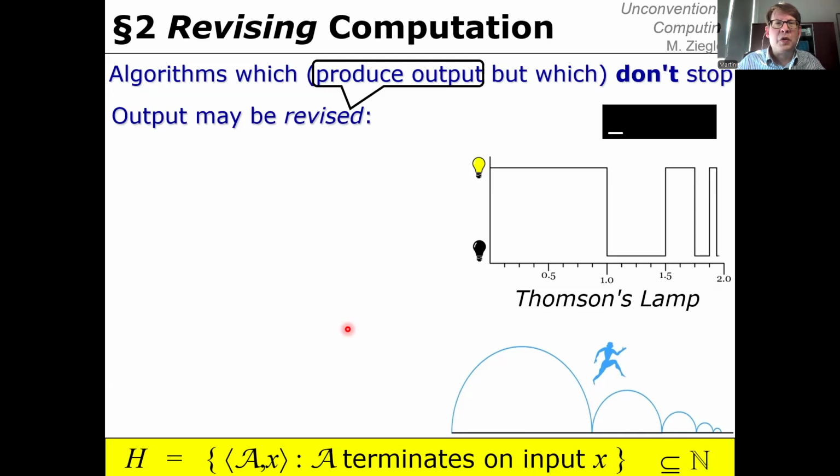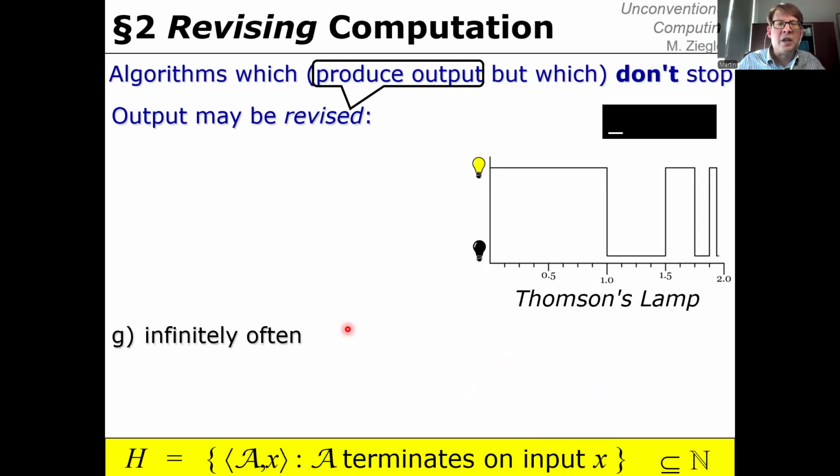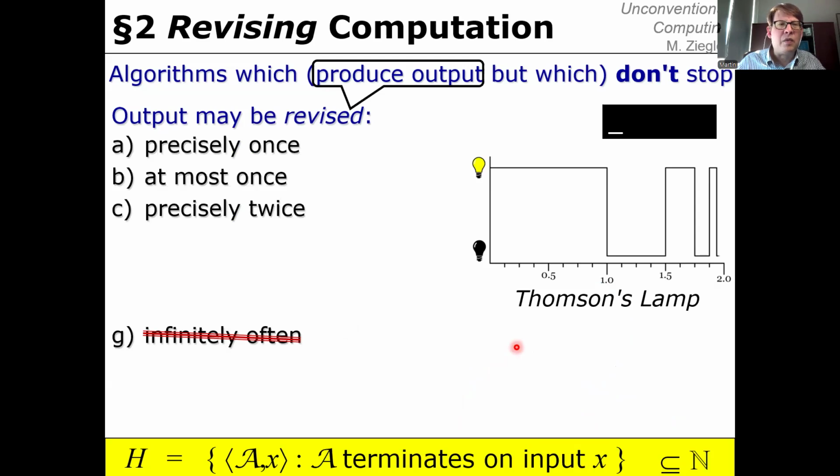And similarly, the output of an algorithm that infinitely often keeps changing its mind doesn't make sense. So we need to prohibit it. And actually, we consider algorithms that change their mind infinitely often prohibited, but changing their mind once or twice or finitely often, that is fine.